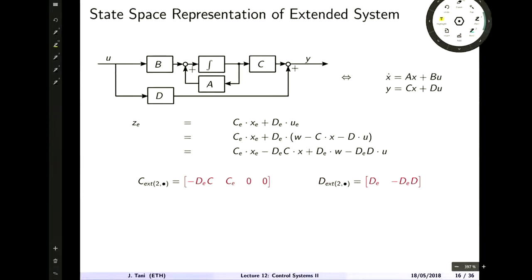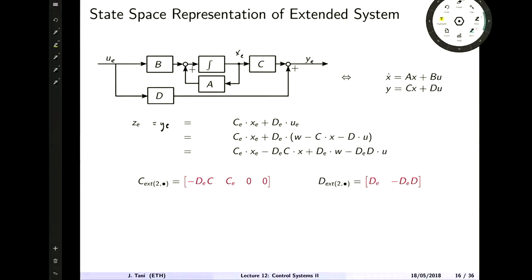We do the very same for the output equation. So we say ZE, which is just YE, is the same as C times XE plus D times UE. We put in all the stuff and we get another row of the extended system.